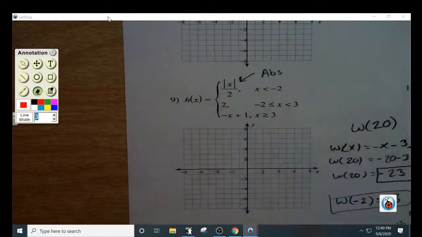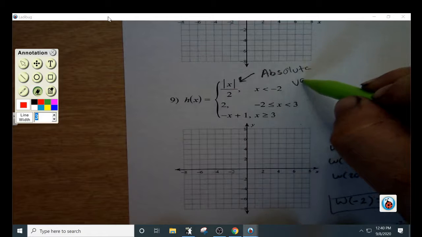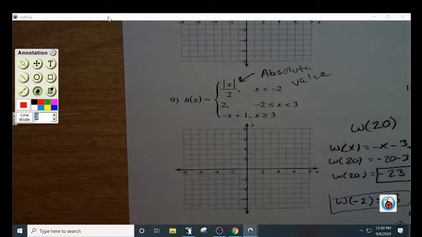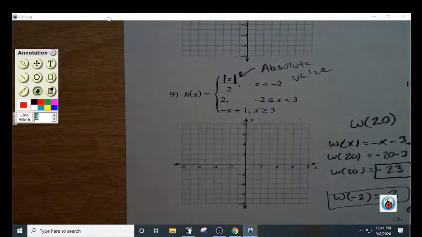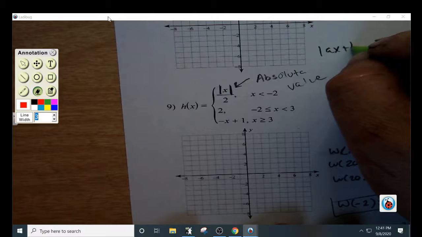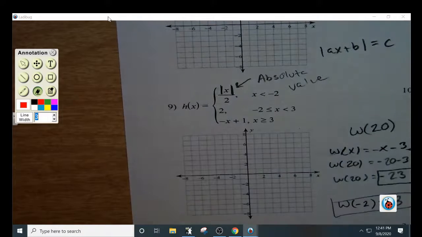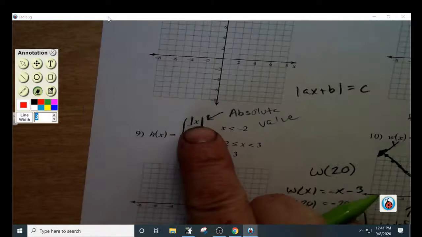Yeah, what does that mean? Absolute value, right? Remember, if you have these bars, remember that last unit when we did absolute value equations, remember this? Remember we did that? That was last unit. That's absolute value, okay?